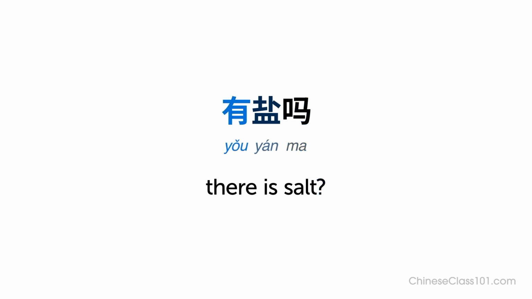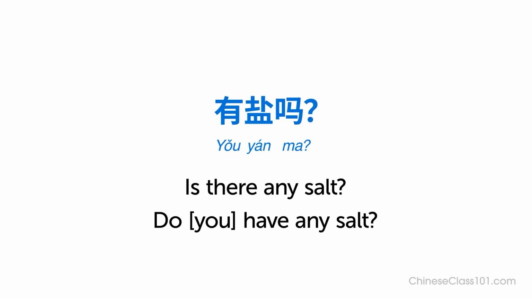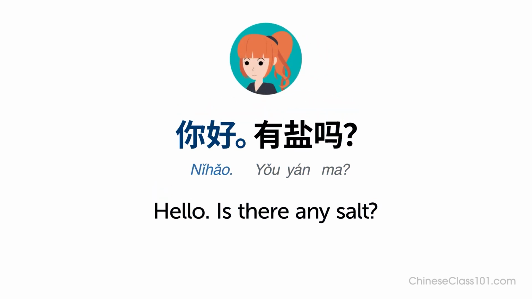Together, 有盐吗 literally means there is salt, but translates as, is there any salt? Translation note: this phrase can also translate as, do you have any salt? Altogether, 你好，有盐吗？ hello, is there any salt?